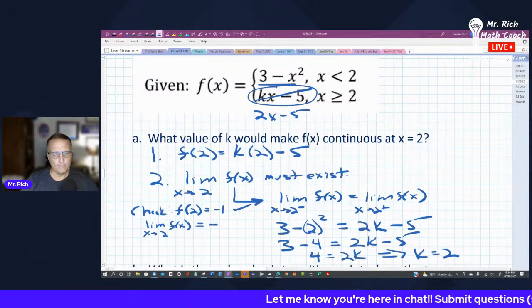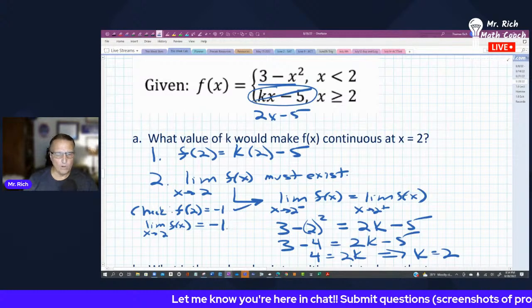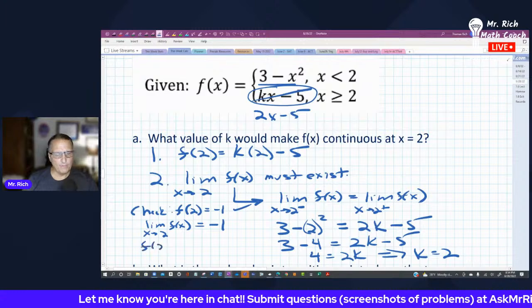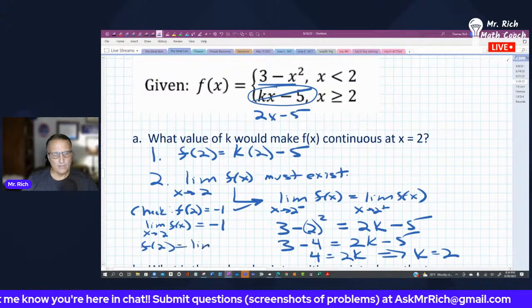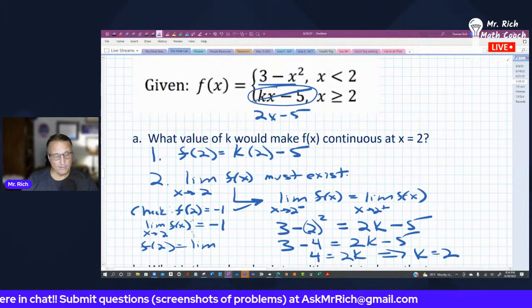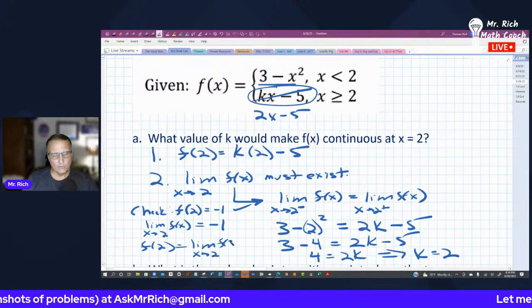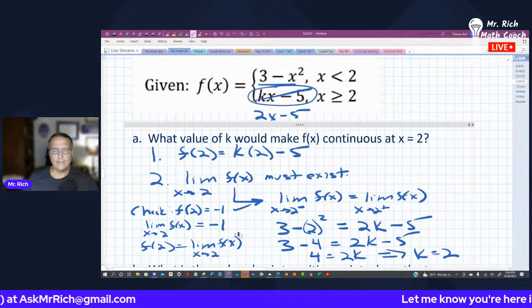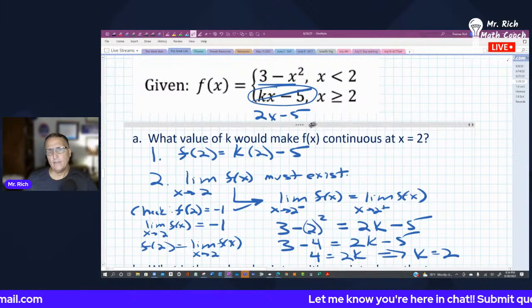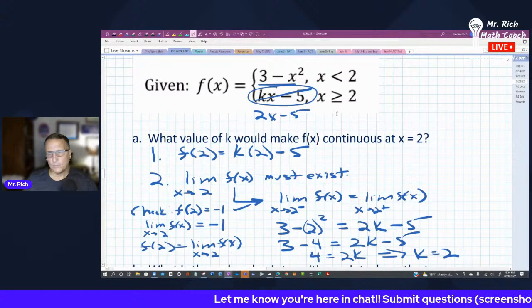So yes, the limit exists, and it's -1. Those two happen to be the same. So the function value at 2 is equal to the limit as we approach 2. Therefore, we have shown that k being 2 does make that function continuous at x equals 2.